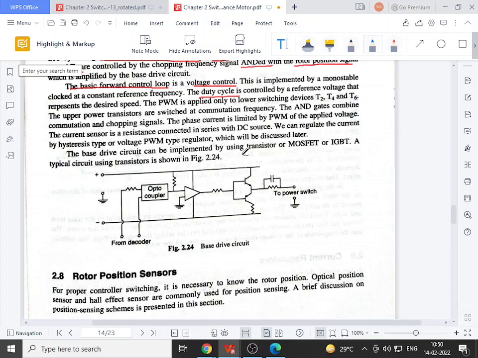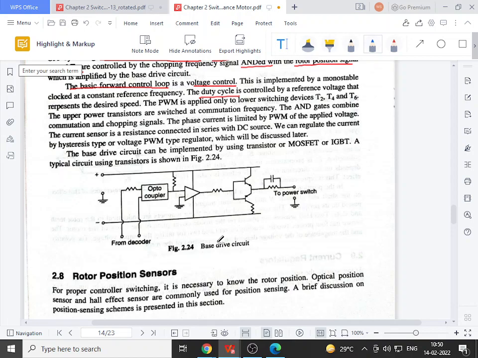A single IC is used to generate the gate pulses for 4 IGBTs or MOSFETs, or 6 IGBTs or MOSFETs. There are various packages of these base driver or gate driver ICs, so there is no necessity of constructing this particular gate driver circuit.